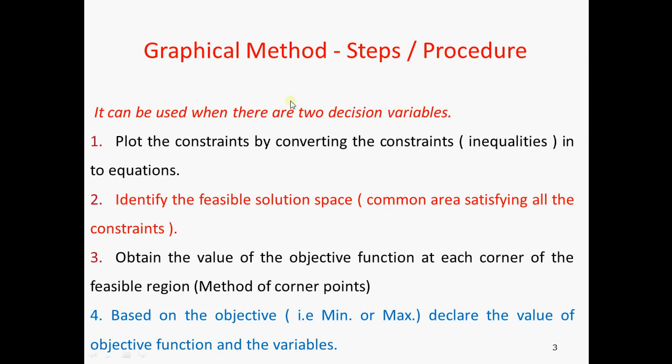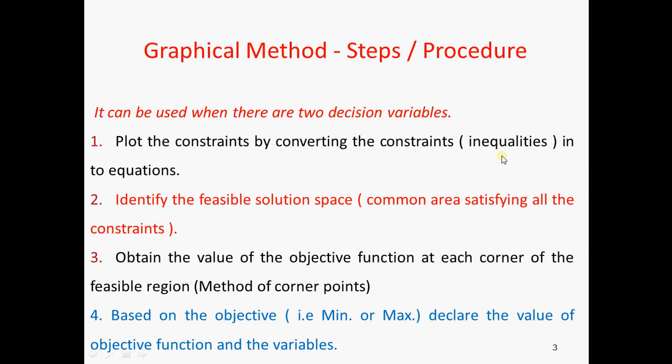Now coming to the graphical method, the steps or procedure. The very first step is to plot the constraints by converting the constraints, usually inequalities, into equations. If some constraint 1 is, let us say, less than or equal, you have to treat it as an equation and find the coordinates. We'll see this in a problem.